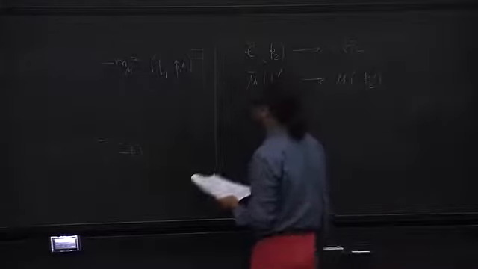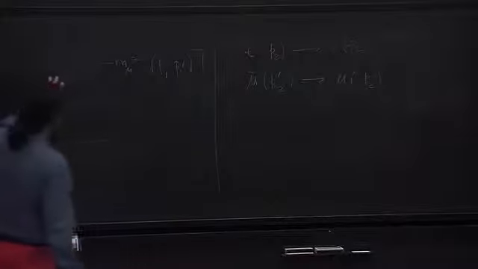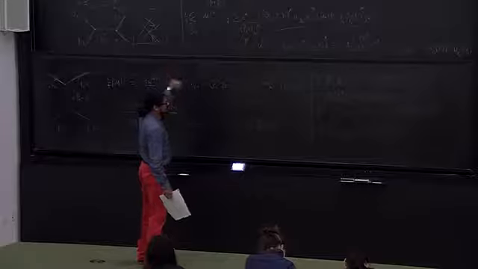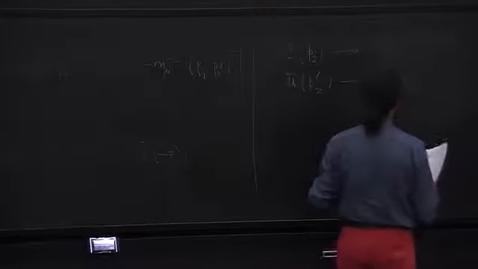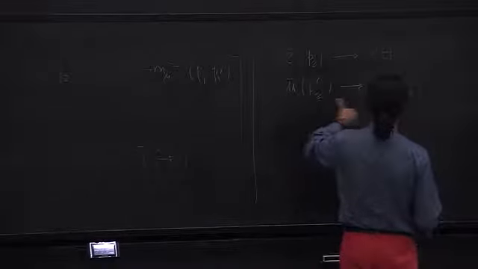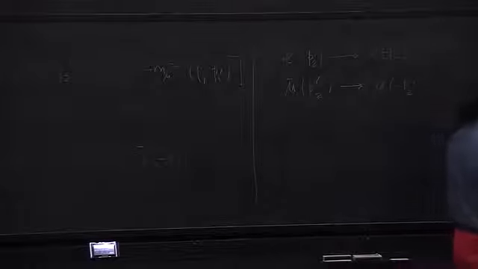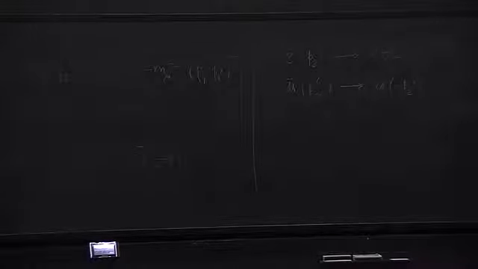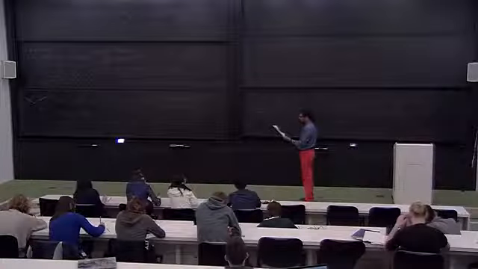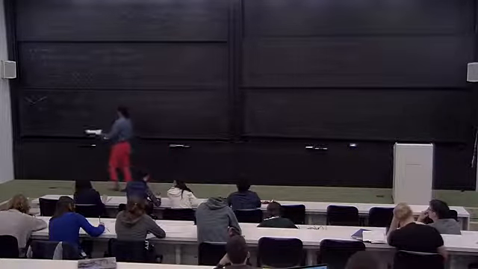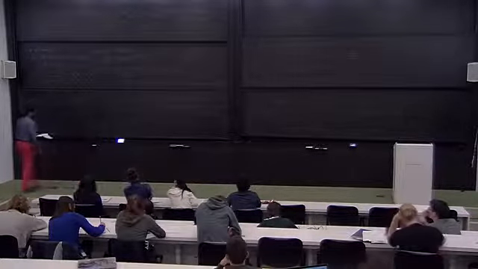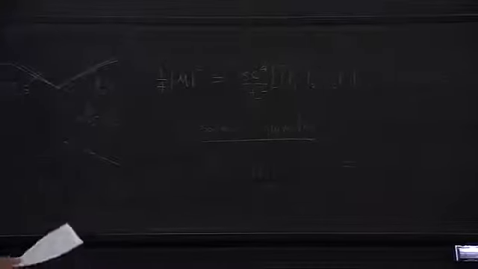In other words, if you take the amplitude for that process and wherever you had P2, you put minus P2, and P2 prime to minus P2 prime, you can show that you basically get the amplitude for this guy, but you have to do some relabeling.